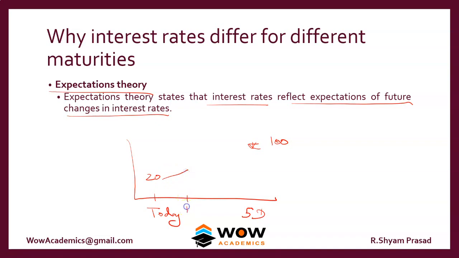In the second day, it will go to something like 60. In the third day it will go to something like 80. The fourth day it will go to 90, and in the fifth day it will go to 100, because that is what you are expecting. You are expecting the price to be 100 rupees in 5 days time. So the price gradually keeps climbing and it reaches 100. So this is what is called the expectations theory.